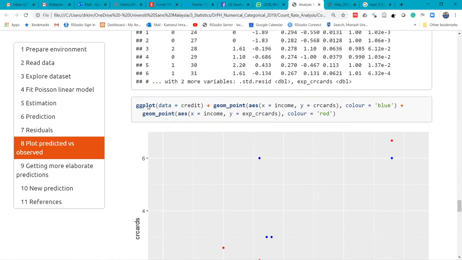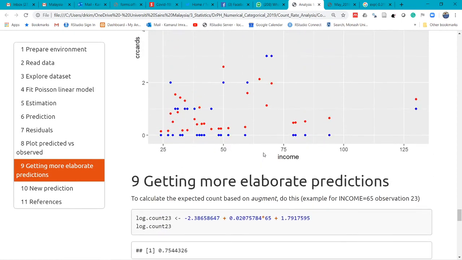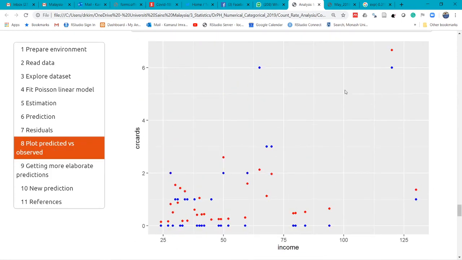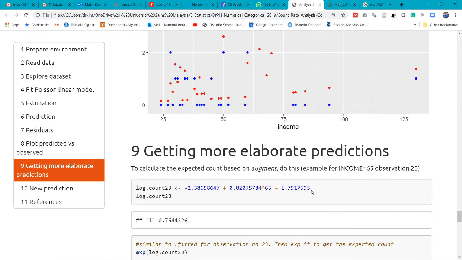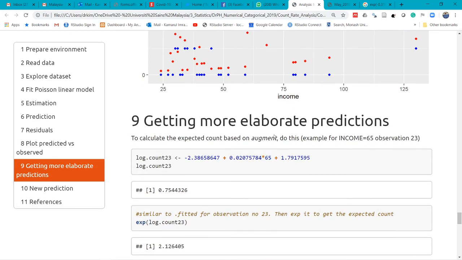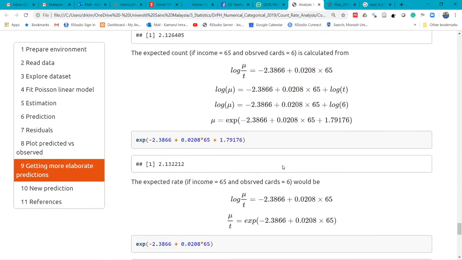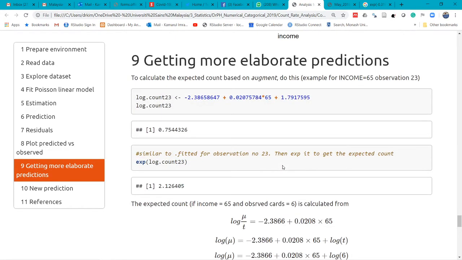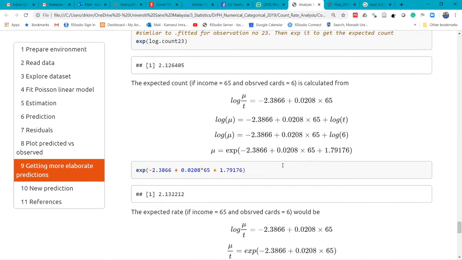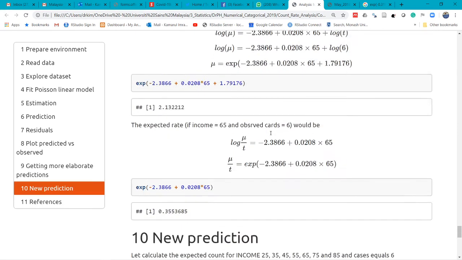In this example, I use ggplot, geom_point, and geom_point again for the expected value, and see how big the difference is between the red color and the blue color. So this is if you want to do things manually.